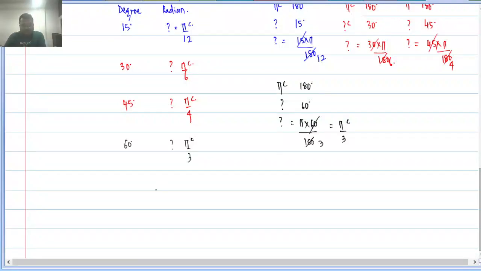Then 90 degrees is how many radians? We know that pi radians is 180 degrees. So 90 degrees is how many radians? It is pi into 90 upon 180. 90 twos is pi by 2. Pi by 2 radians.